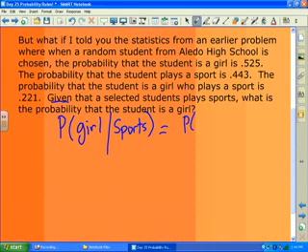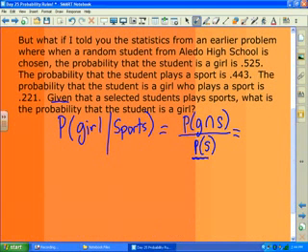On top, what do I have? Girl and sports. Out of sports. Good, because that's what it's out of, given that it's that. Given that they play sports, so it's out of my sports players. So now I've taken all of Aledo High School, and all I'm looking at is my sports players, and I want to know what's the probability that I pick a girl out of there.